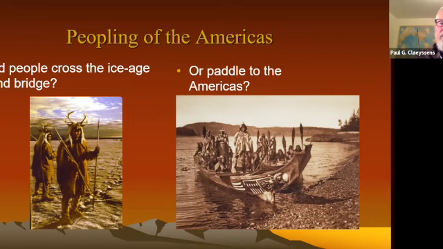So that's one hypothesis. Another hypothesis that's gaining more traction is, well, why didn't they just paddle the Kelp Highway? They could have left Kamchatka, Siberia, Japanese islands, what have you, and just paddled around the rim of the Pacific. And some of the earliest dates of occupation are prior to this land bridge really being open and available.